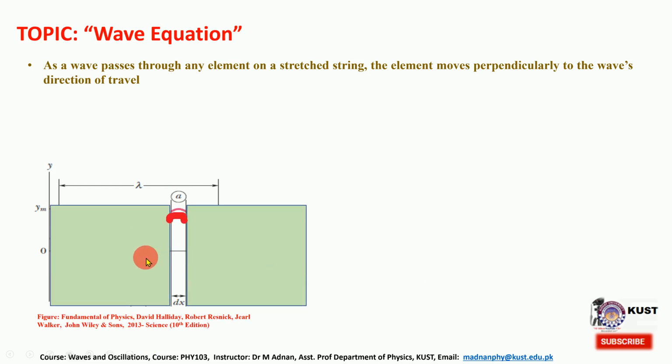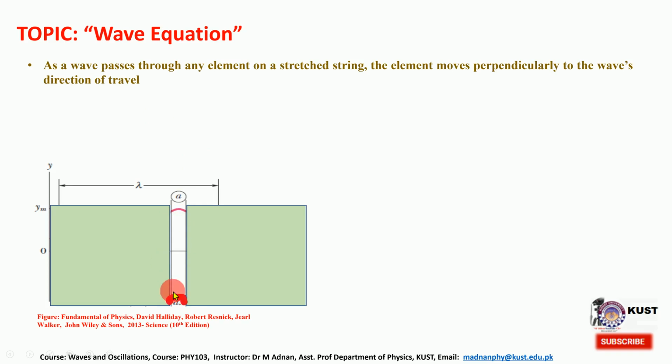That is, if we just concentrate on this single element, element A, when the wave passes through the string, it is just moving up and down, that is, along the y direction through that equilibrium point.